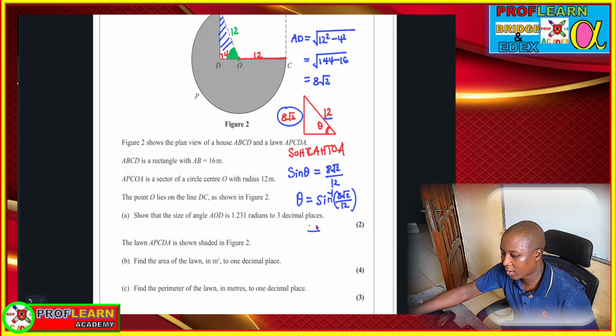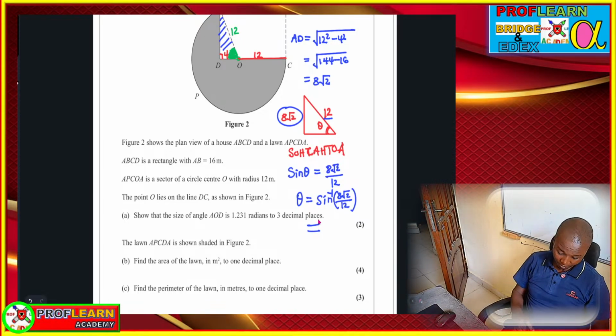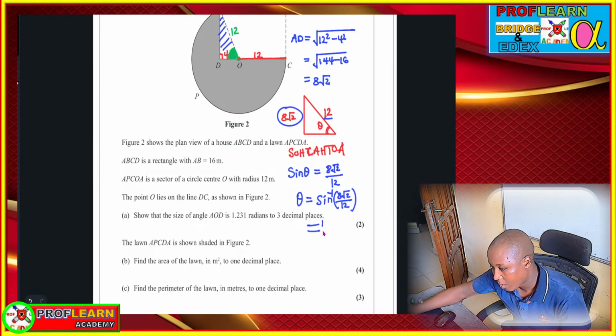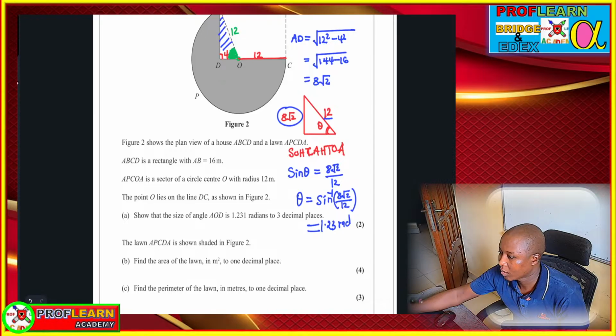Remember to ensure that your calculator is in radians so that you can get the answer. If you work it out, you're going to get your answer as 1.23 radians. So basically that's what you're supposed to do at that given point.